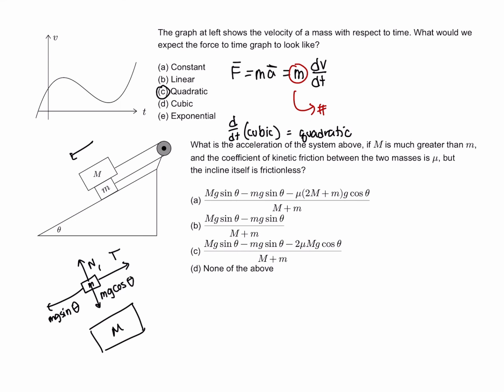We know it's going to be moving down in that direction because big M is much bigger than little m, so the frictional force would be backwards like this. The frictional force is kinetic, so we can apply our formula, mu k times N. Another thing to note is that it also has the normal force of big M on it, pushing down, right? So N1 has to counteract both mg cosine theta and N2.